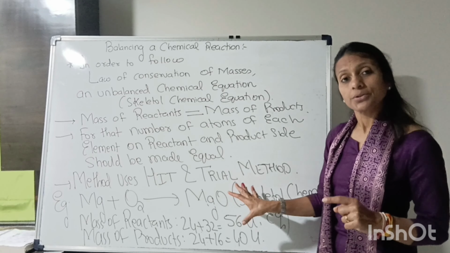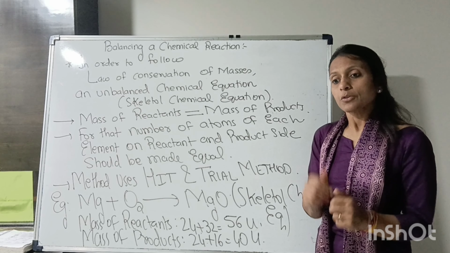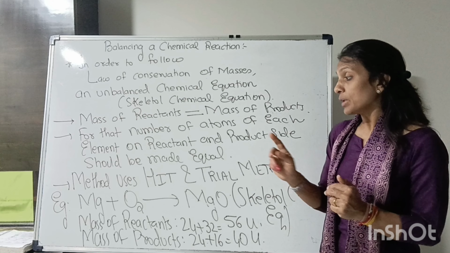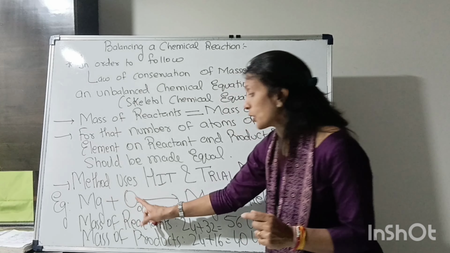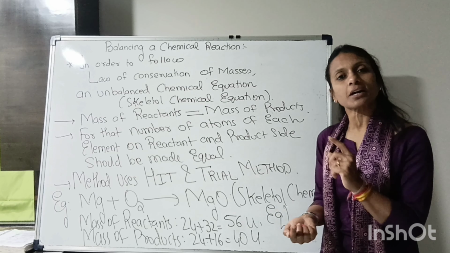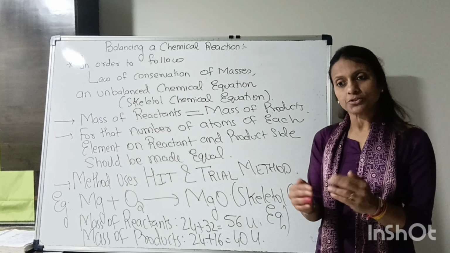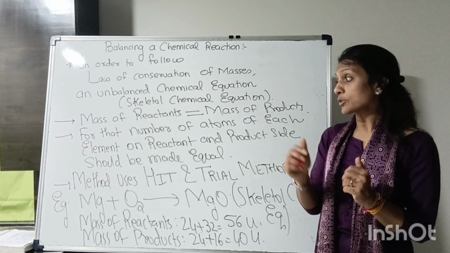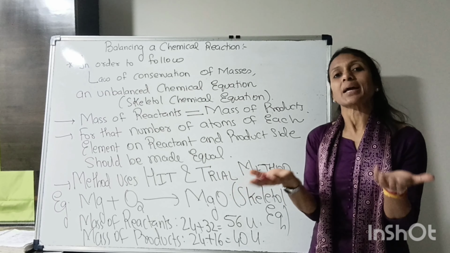This reaction here is an unbalanced chemical equation, and the first thing we will have to do is make sure that the number of atoms of magnesium and oxygen on the reactant side and on the product side become equal. And this is what we do in chemical reaction balancing, where we try to make the number of atoms of elements on both sides the same.